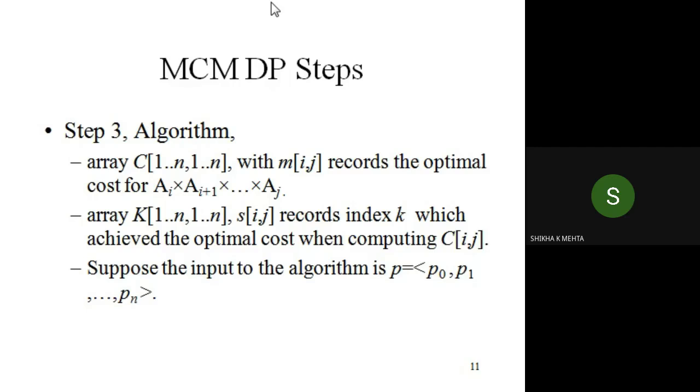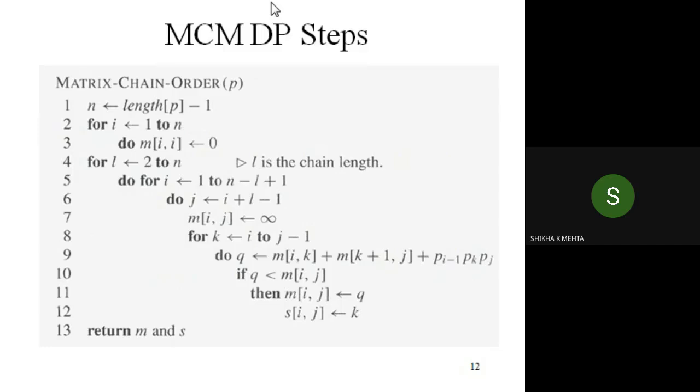Let us say that the input to the algorithm is P equal to P0 up to Pn. What does this particular algorithm state? It is the minimum, for k equal to i to j minus 1, of q equal to M i k plus M k plus 1 comma j plus P i minus 1 P k P j.